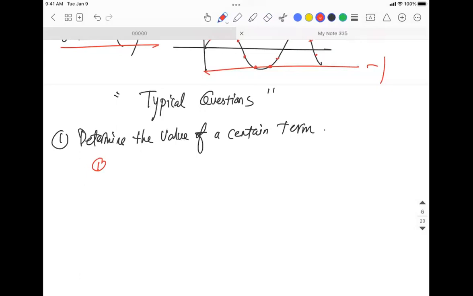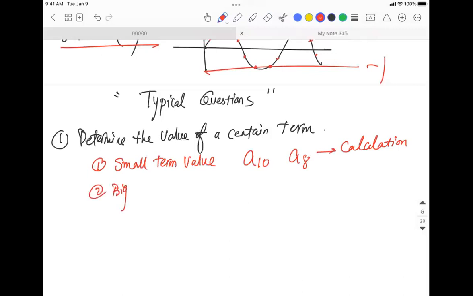As long as you see such a problem, you ask yourself: is the question asking for a small term value? Let's say it asks, what is the value of a_10? What's the value of a_8? Most of the time, you can directly do the calculation. Nothing too flowery, you can just calculate and figure out the value.